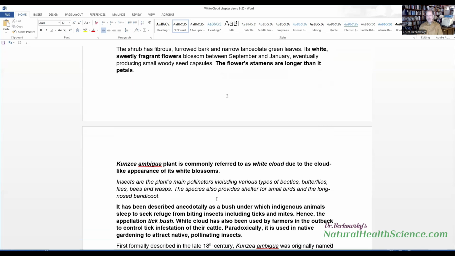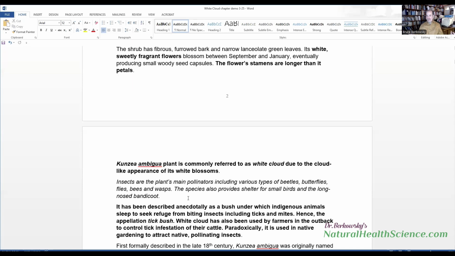Now we move on to this next section. So the insects are the main pollinators, including various types of beetles and butterflies and bees and wasps. And the species also provides shelter for small birds and an animal called the long-nosed bandicoot, which is indigenous to Australia. So what does this tell you? All of these things bring their animal energy to the flower, to the plant.